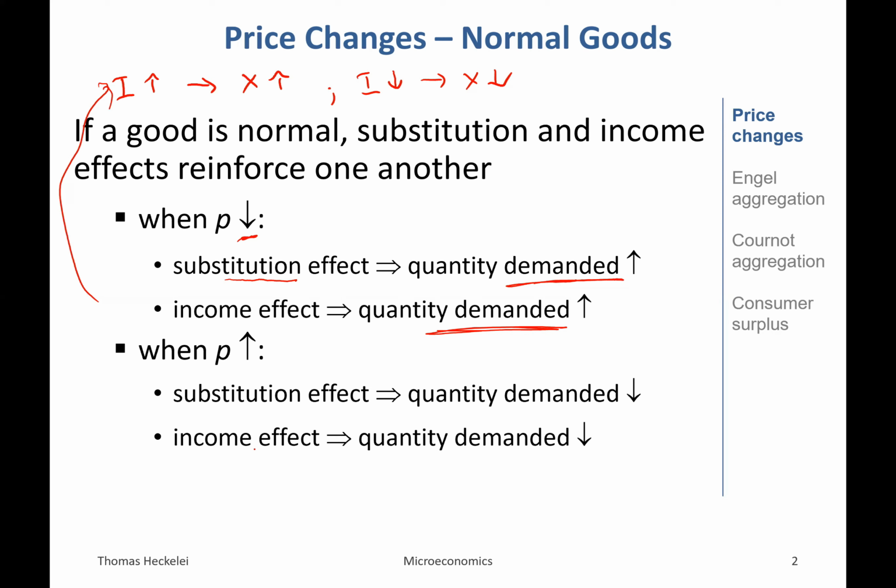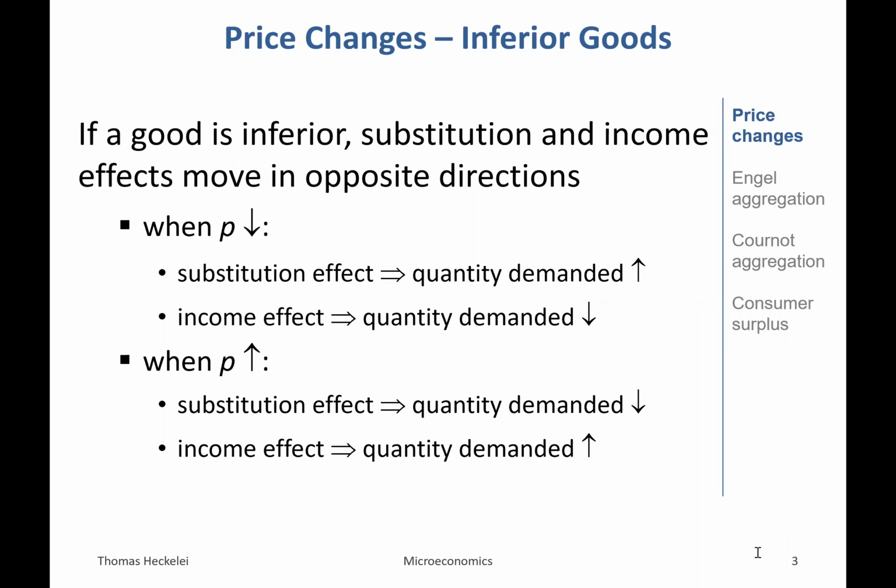Because of that, the quantity demanded also decreases. So this is quite intuitive for the normal goods case. And that implies that the substitution and income effects reinforce one another. So they move in the same direction.